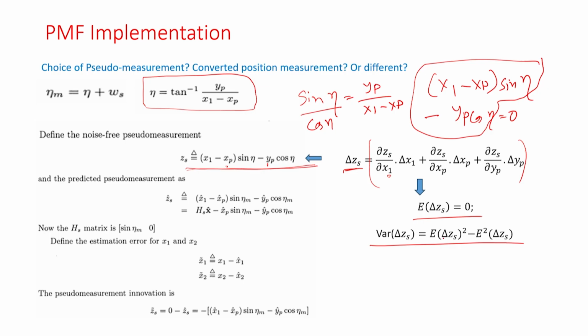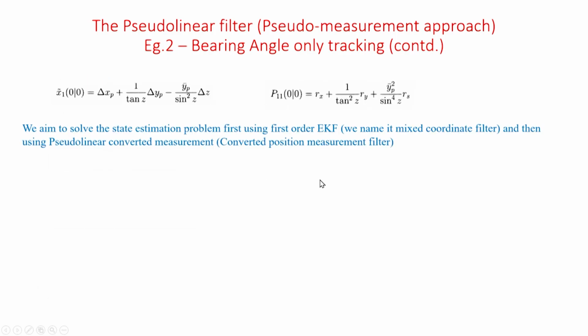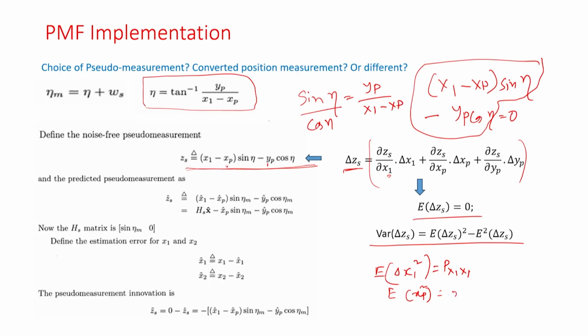For the second order moment, you can take the expectation of delta x1 squared equal to Px11, the first diagonal element of your P matrix. The expectation of xp squared is what I denoted as Rx, and the expectation of yp squared is Ry.